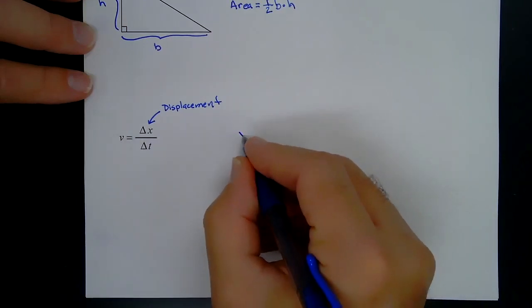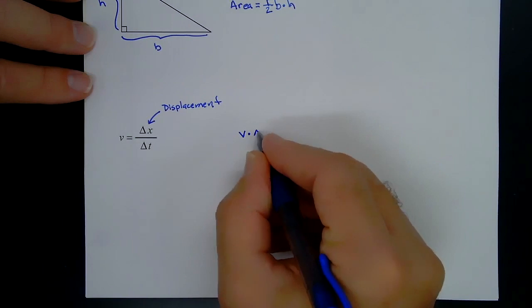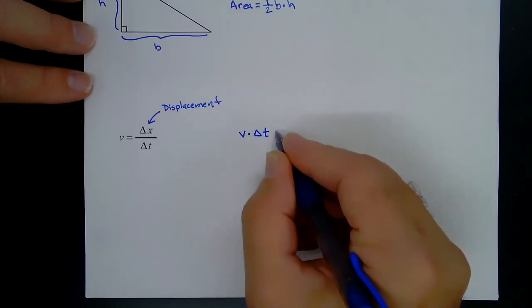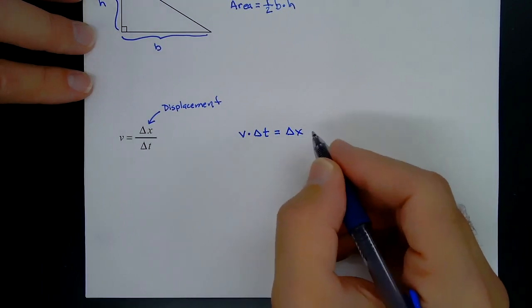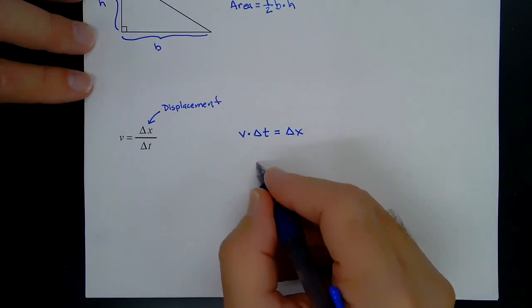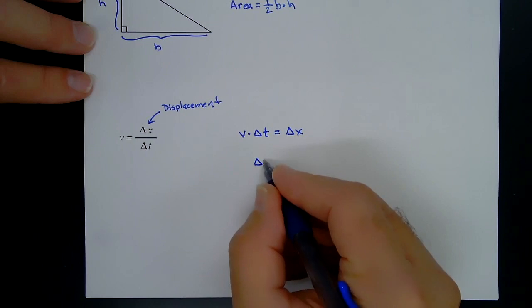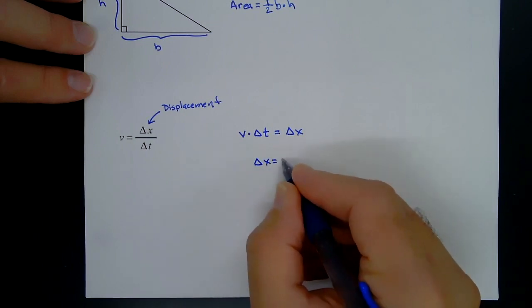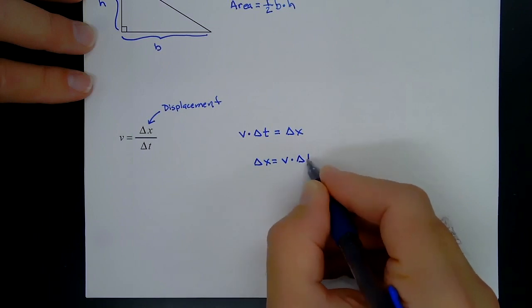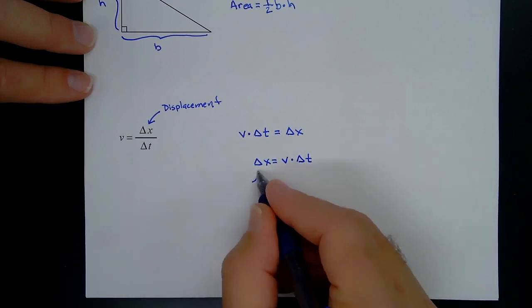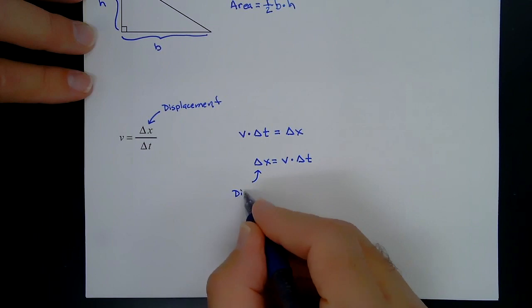That gives me v times delta t, the change in time, equals the change in x, which we're calling displacement. So delta x is equal to v, the velocity, times the change in time. Again, this is my displacement.